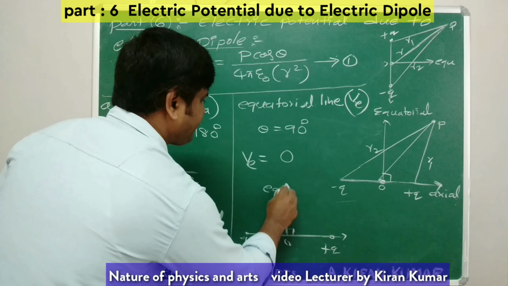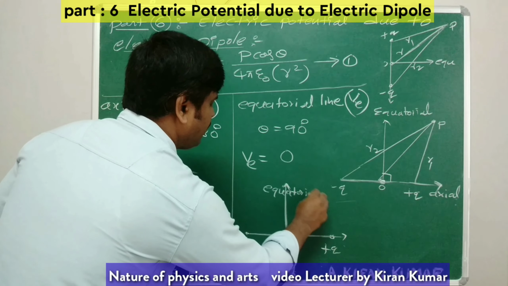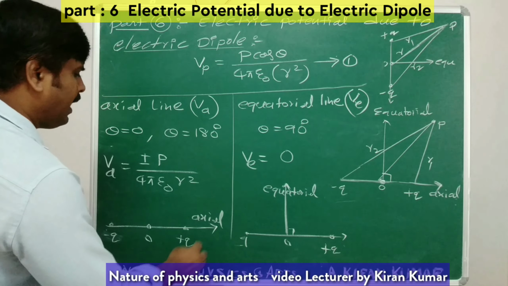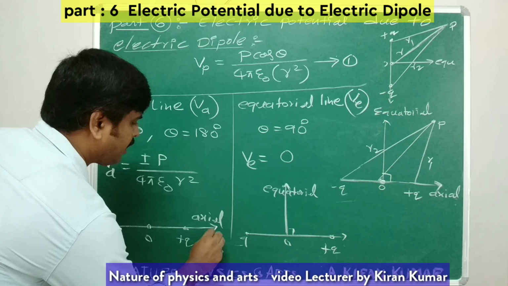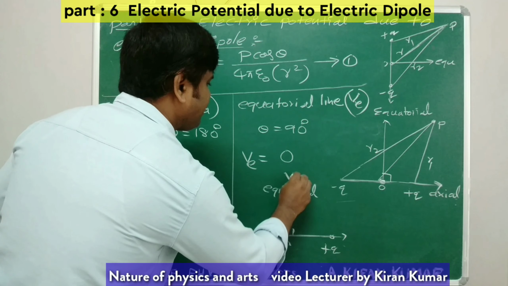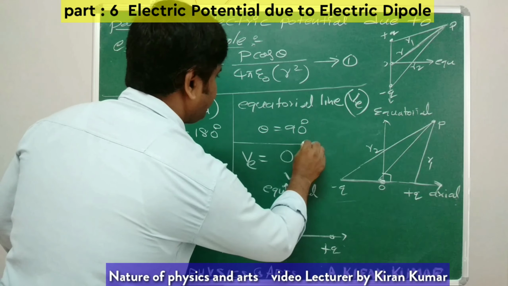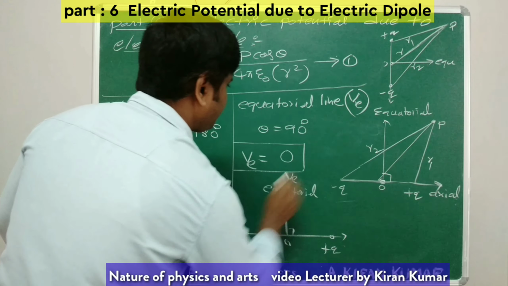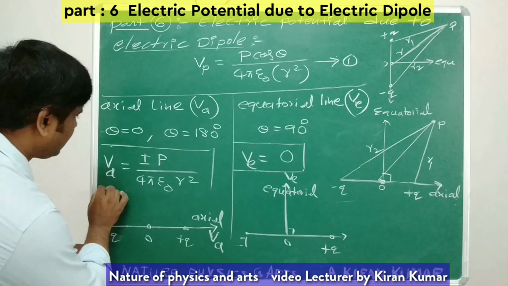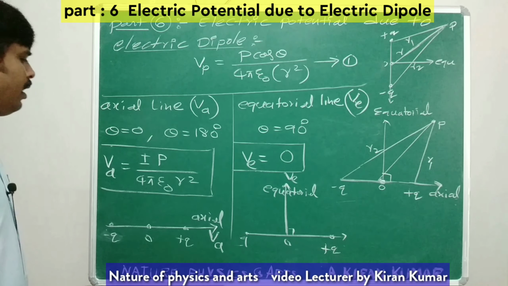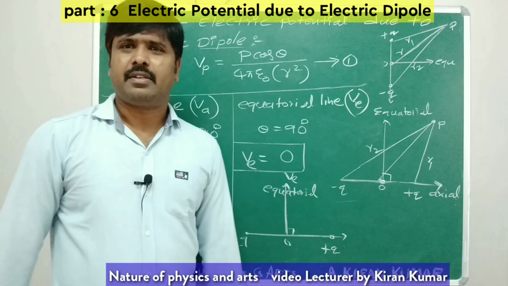Here the electric potential on the axial line is VA and on the equatorial line is VE. The VE value we got is 0, and the VA value is plus or minus P divided by 4 pi epsilon naught into r square.